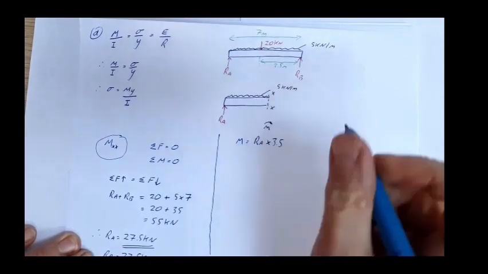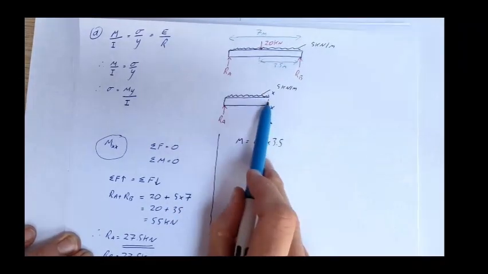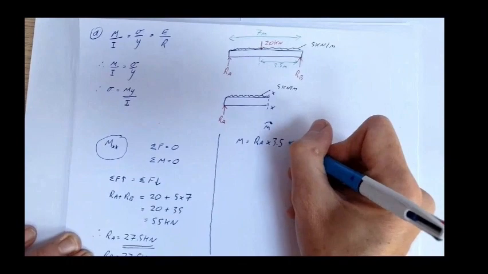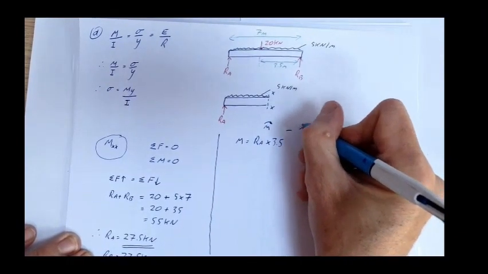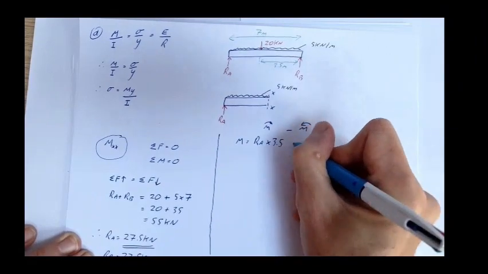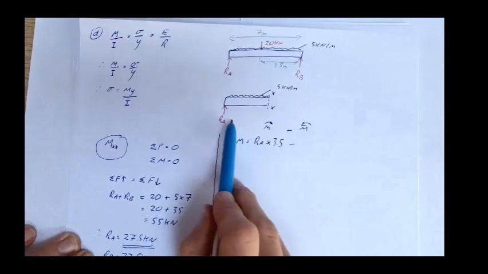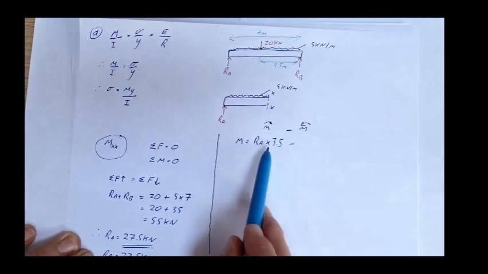There's nothing else trying to rotate my beam clockwise around this position. Then we're going to subtract my anti-clockwise moments.